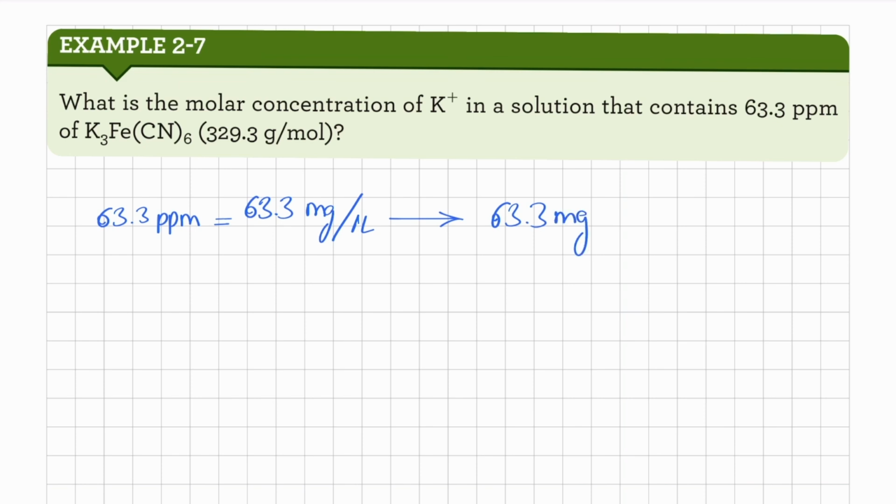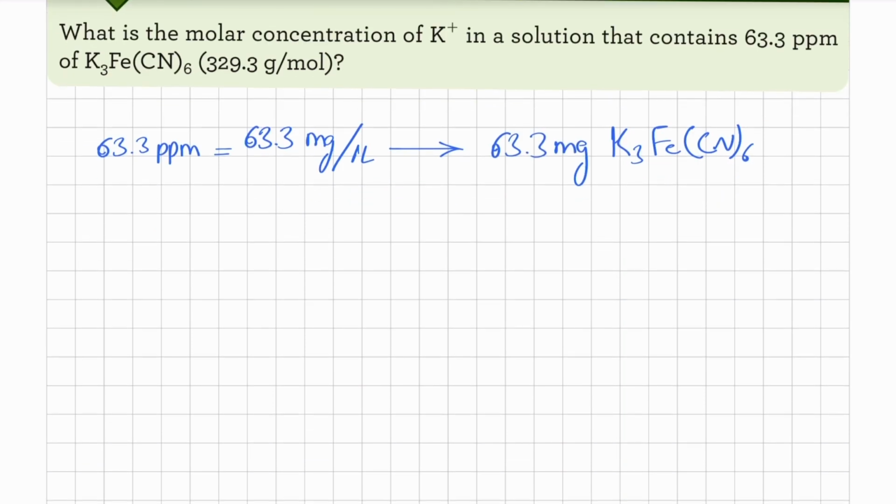Now from here we can say that in each liter of our solution, we have 63.3 milligrams of K3Fe(CN)6. Now, we have the grams. We want to convert it to moles. How is that exactly possible?